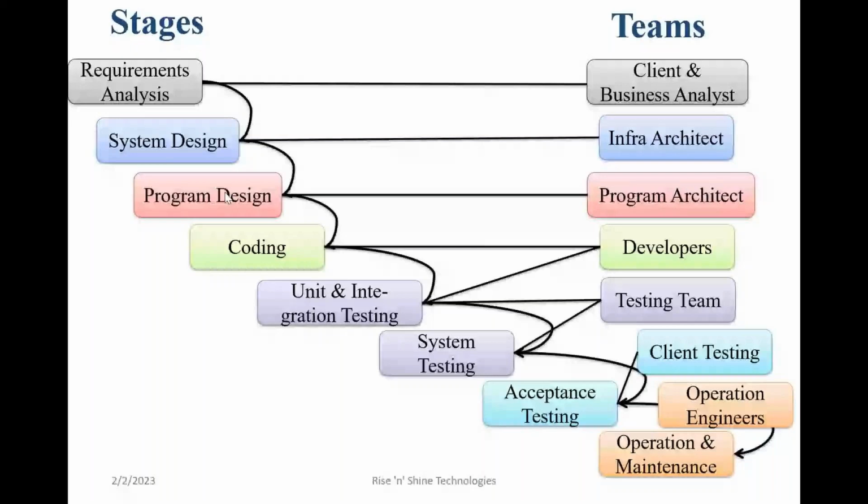Once that is done, next the developers come into the picture and implement the code. The developers require a development environment, development servers and development machines. That means backend operation engineers are working to support the development team.